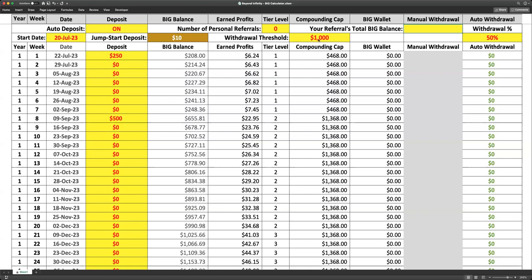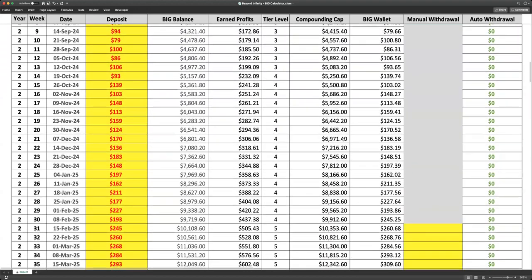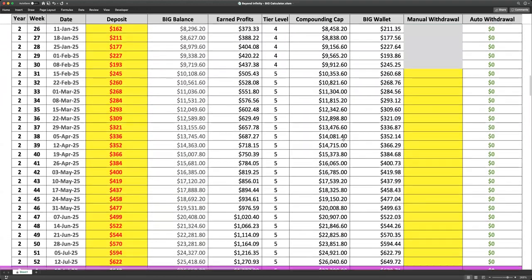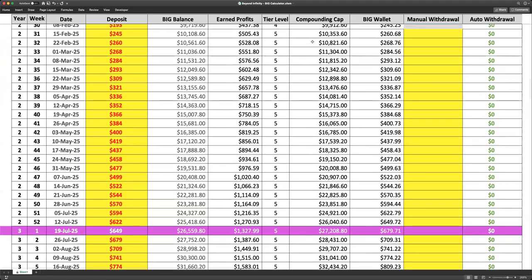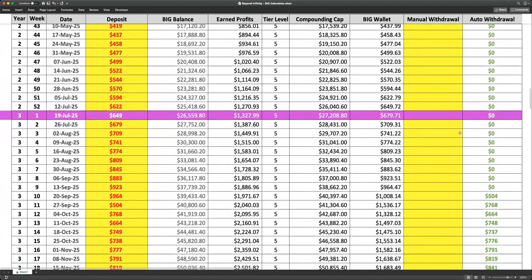I just changed the withdrawal threshold from 100 to 1,000, with a 250 and a 500 contribution in the first 8 weeks. Now, when do you start pulling out money? Well, it's going to take longer. Here it's after you're already at tier 5, because you set the threshold at 1,000.